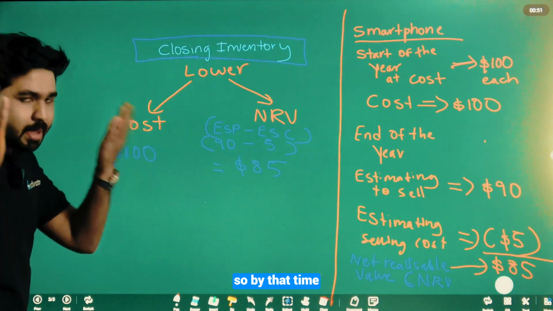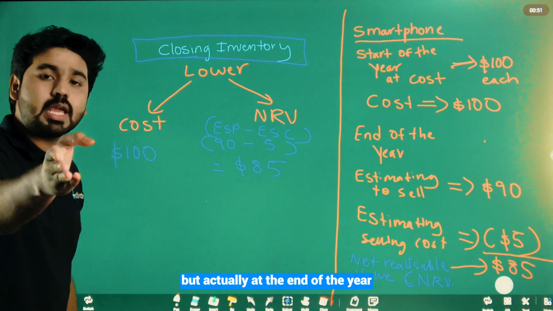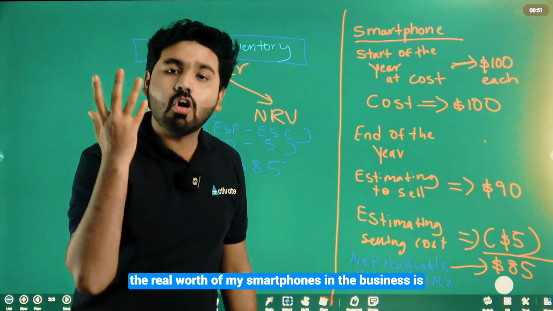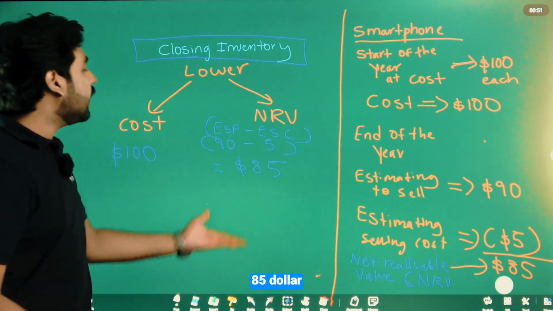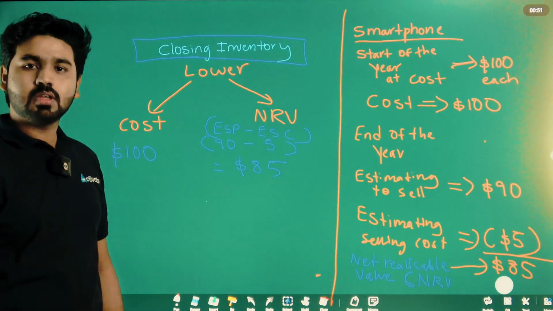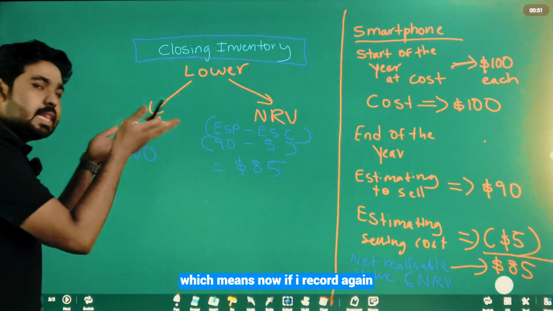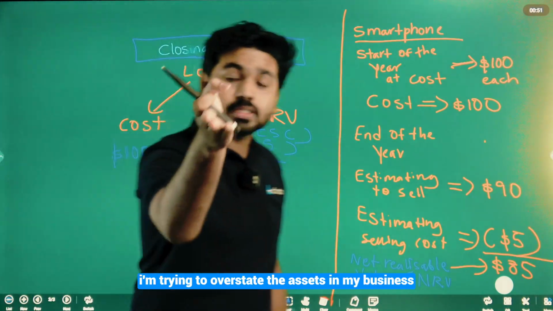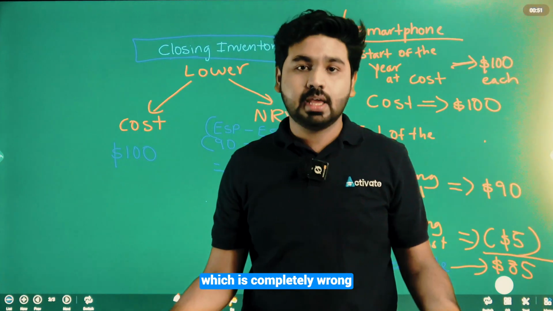So by that time, I would have recorded an asset value of $100. But actually, at the end of the year, the real worth of my smartphones in the business is $85. Which means now, if I record again the inventory at $100, I am trying to overstate the assets in my business, which is completely wrong.